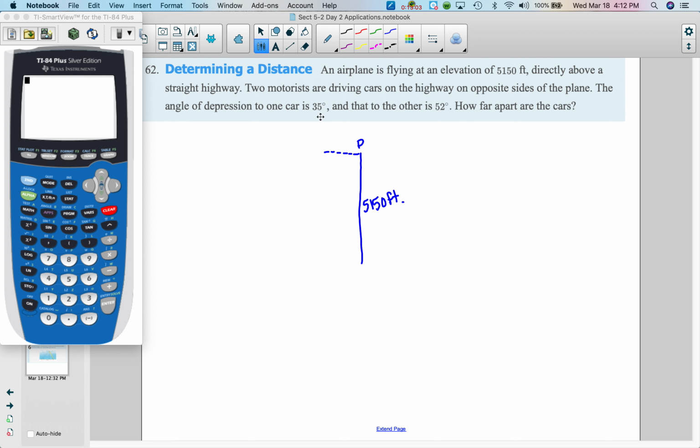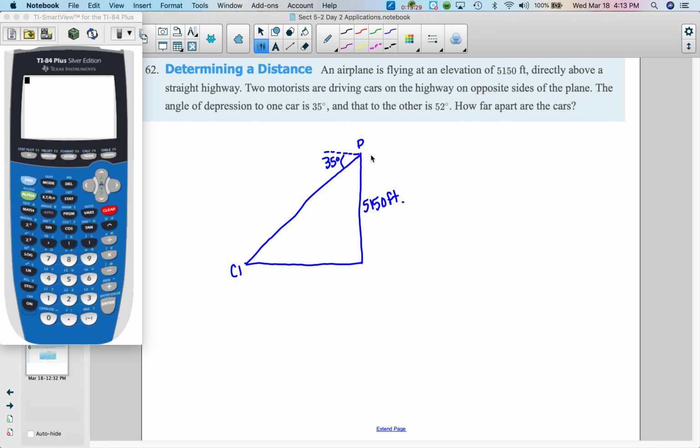So if I have an angle of depression of 35 degrees, I'm going to make that something like this. So this would be the 35 degree angle of depression, because it's always measured from the horizontal down to that line of sight. So then this would represent one of the cars. We'll call this car 1.